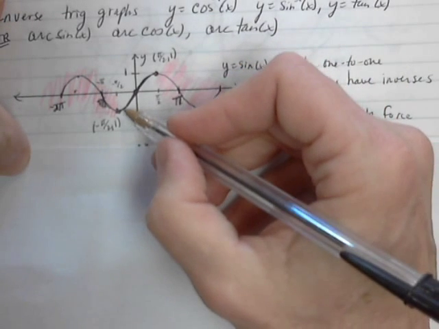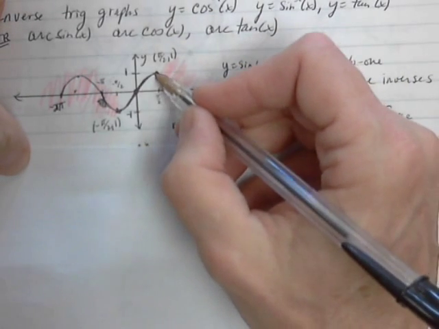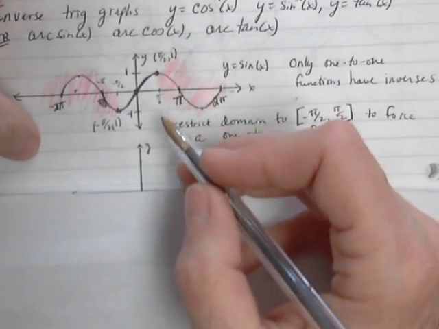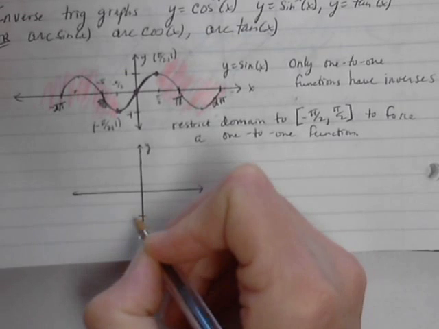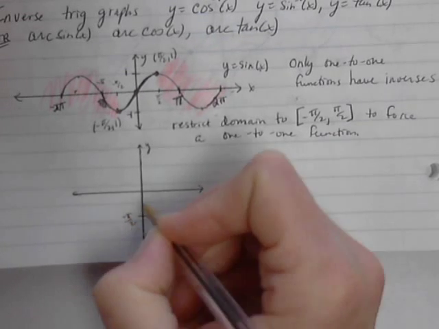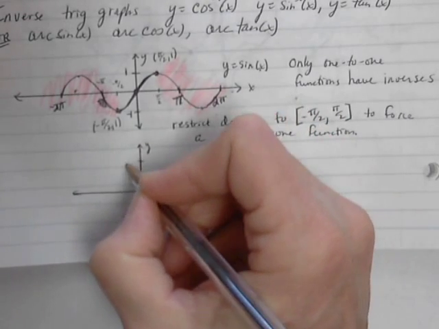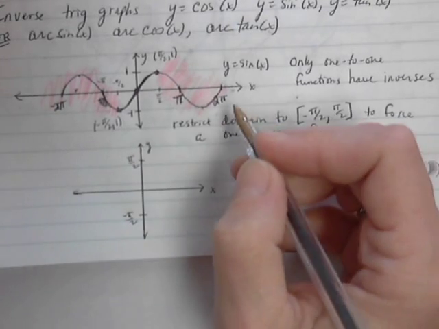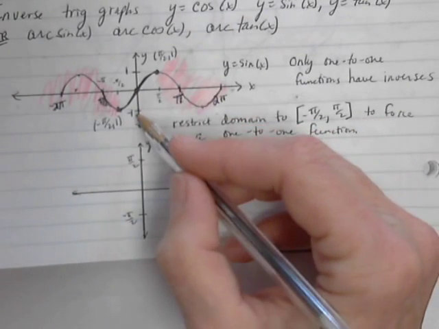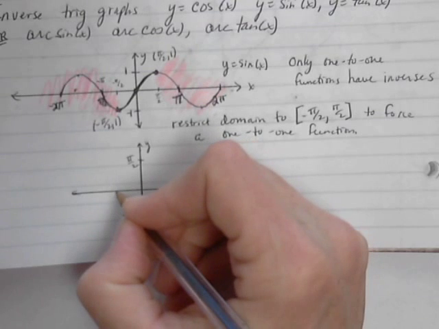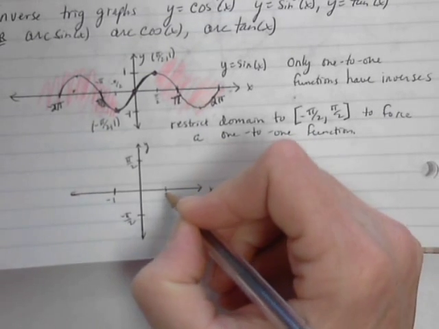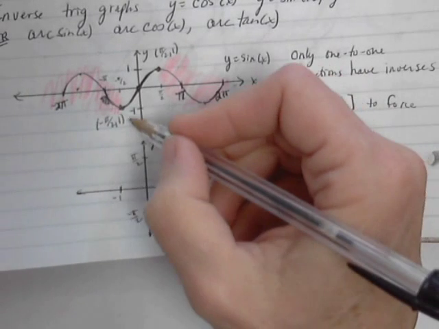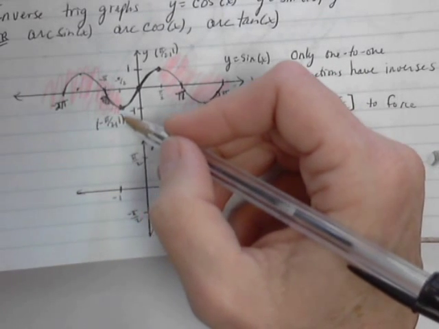The domain of this is from negative pi over 2 to pi over 2, which means the range of the inverse will be negative pi over 2 to positive pi over 2. The range of this is -1 to 1, which means the domain of the inverse is going to go from -1 to 1. And like I said, all we do is switch the x and y values around.